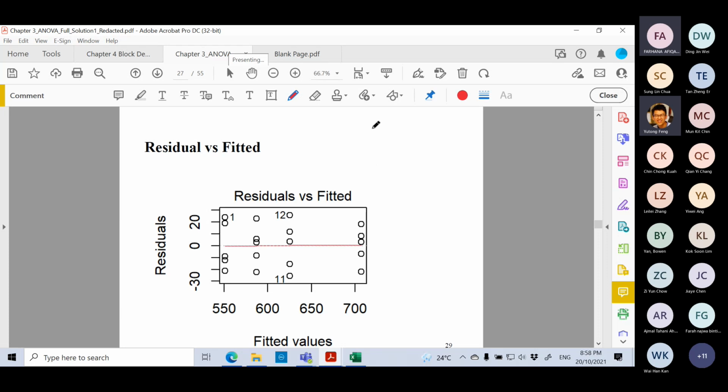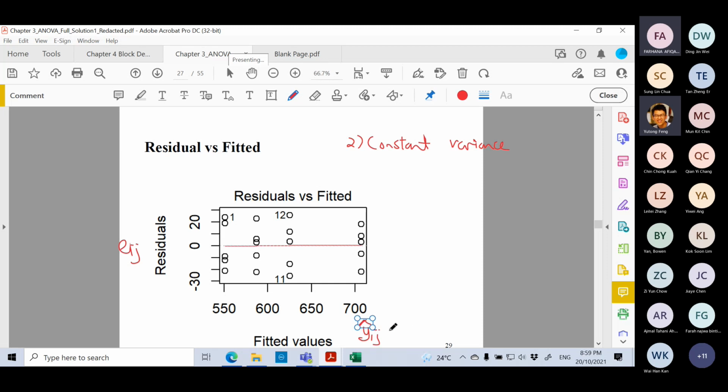If you want to check the second one, it will be the constant variance. To check whether the variance is constant or not, you plot the graph of the residual e_ij versus the fitted value. The fitted value is y hat ij.